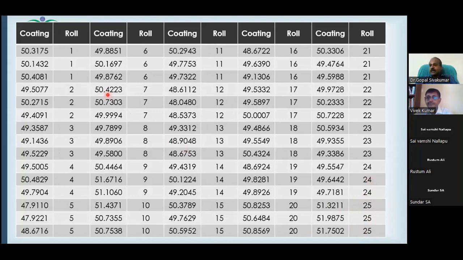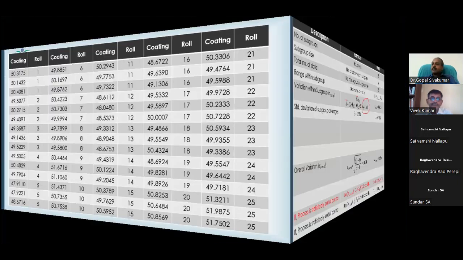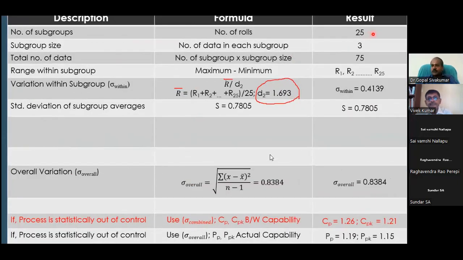So totally how many data points? 75. I'm sorry, not 20, 25 subgroups. So 75 data points. Subgroup size is 3. Total number of data, 25 into 3, 75.